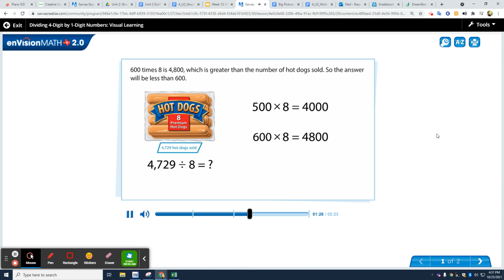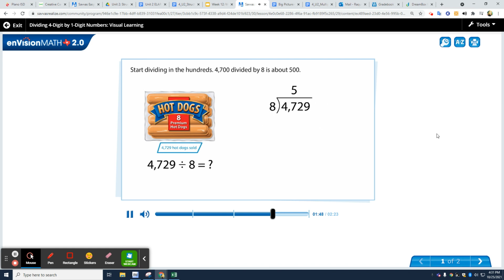600 times 8 is 4,800, which is greater than the number of hot dogs sold. So the answer will be less than 600. But the estimate using 600 is closer than the estimate using 500. The answer will be close to 600.